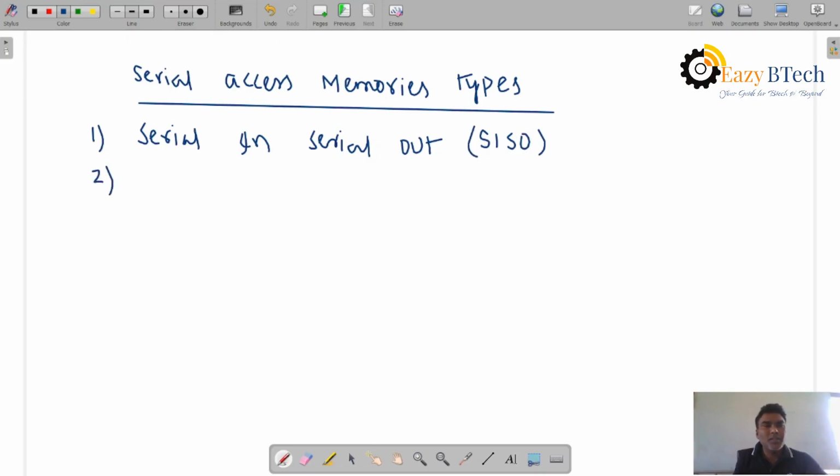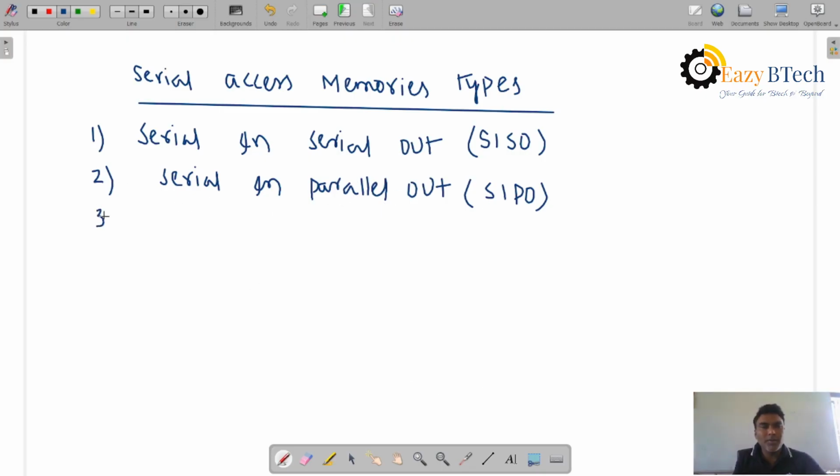The second one is serial in, parallel out. This is the second type of data in digital form. The input is sent as serial, and the output is parallel data.